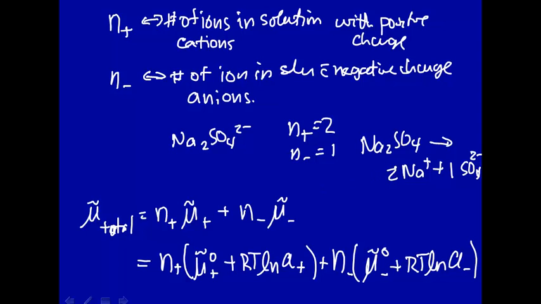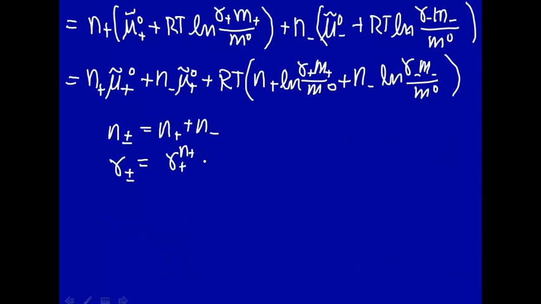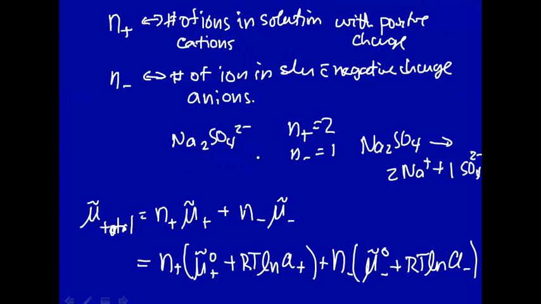Here n plus would be 2 for sodium sulfate, times gamma minus raised to the n minus power, all this to the power of 1 over n plus minus. This is the sum of the coefficients. Sum of the coefficients here for sodium sulfate will be 2 plus 1 or 3.